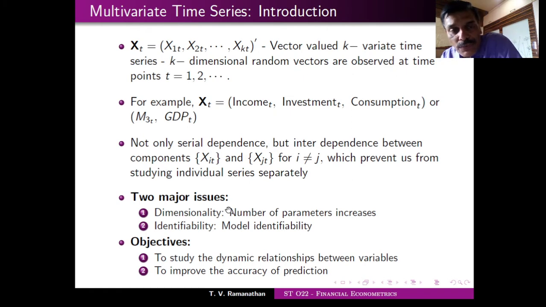Now, the moment that we say multivariate, in univariate itself, depending on the number of orders, your parameters increase. Like in an AR(p), you have p parameters for the coefficients, and then there is a variance parameter. But when you talk about multivariate, this exponentially increases the number of parameters.